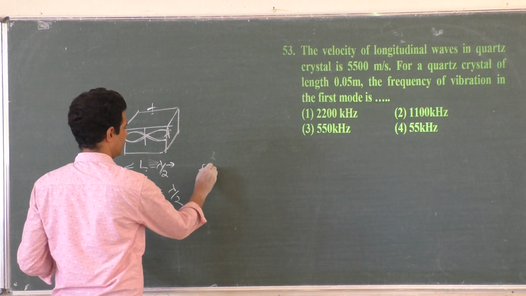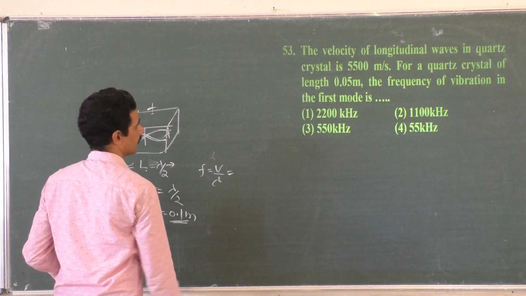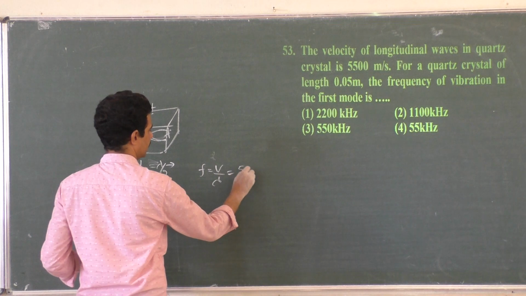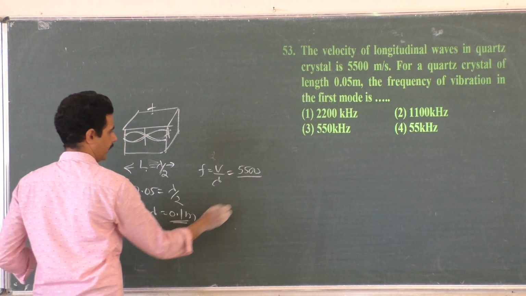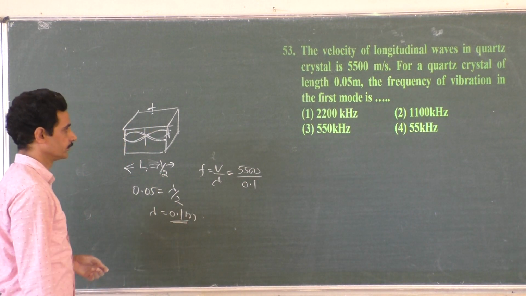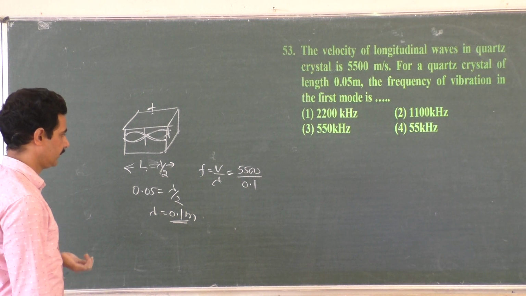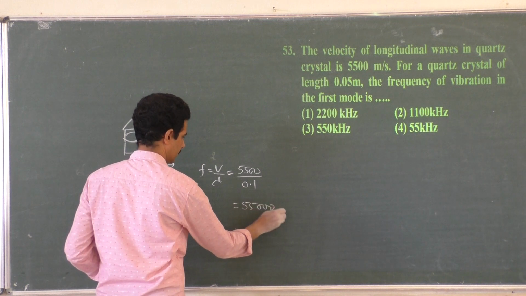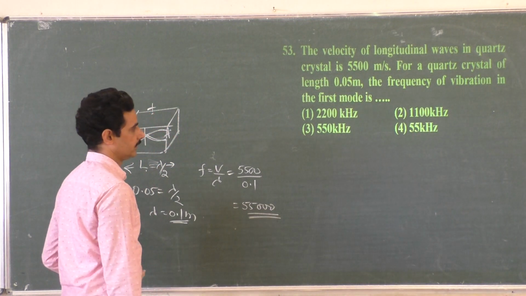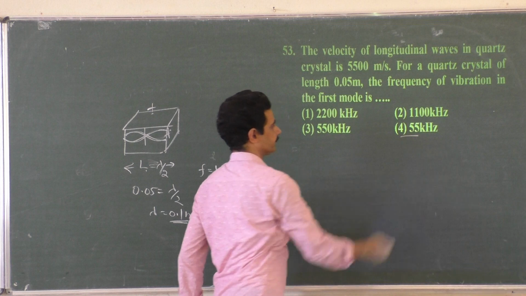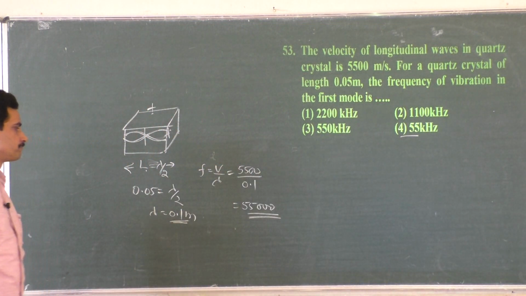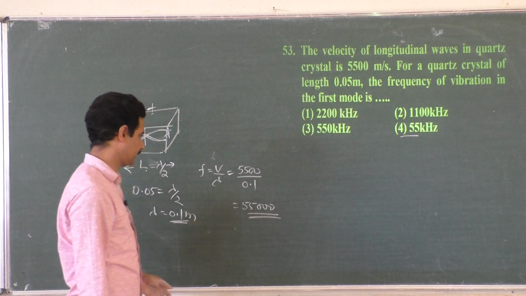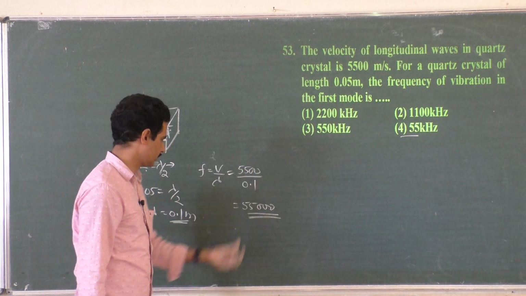F is equal to V by lambda, that is 5500 divided by 0.1. Frequency is 5500 with one more zero, 55,000 hertz. That is 55 kilohertz, not 550 kilohertz, because for this 0.1 one more zero will add up.